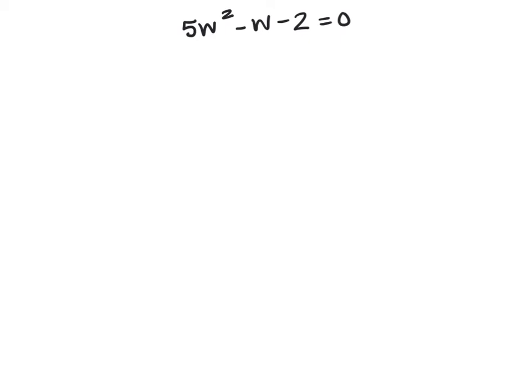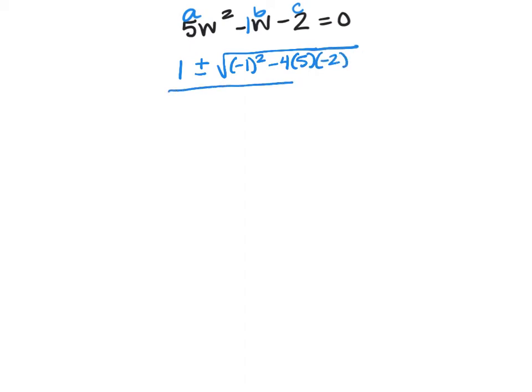Now we can plug this into the quadratic formula. So we've got an invisible 1 with that w for b. So the b is negative 1. The opposite would be positive 1, plus or minus the square root of b squared minus 4 times a times c, all over 2a.